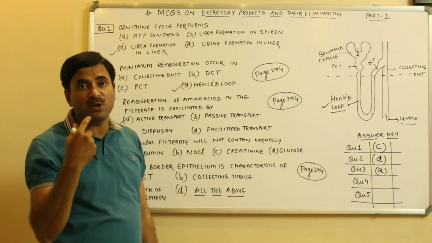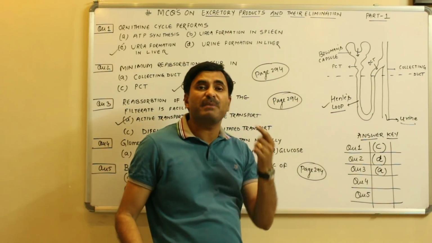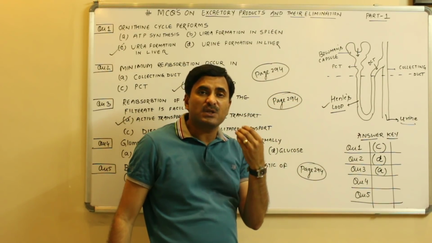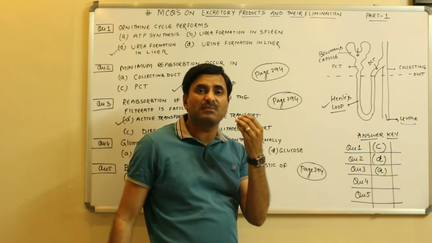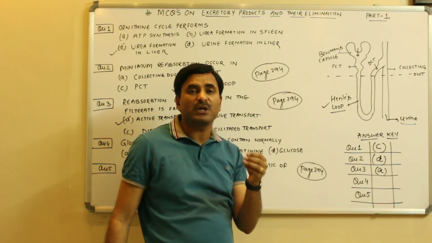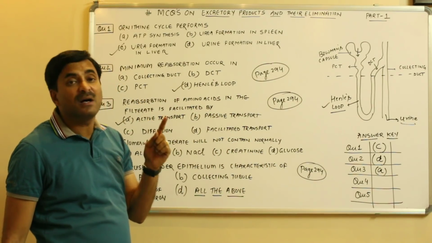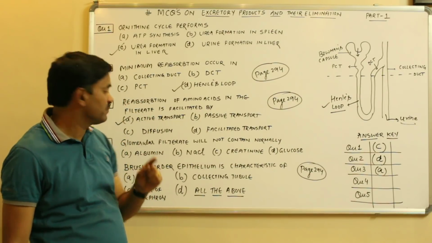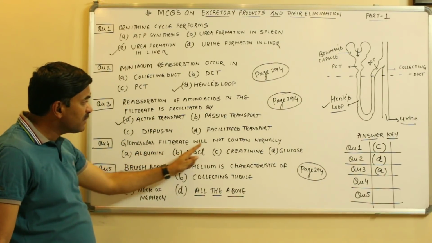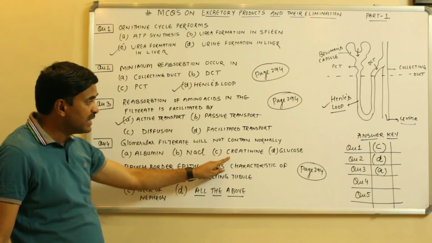be filtered out. So the nephric filtrate contains many substances, various ions such as sodium, potassium, chloride ions, amino acids, glucose, and many more, but it never contains proteins basically. So glomerular filtrate will not contain normally albumin, NaCl, creatinine, and glucose.